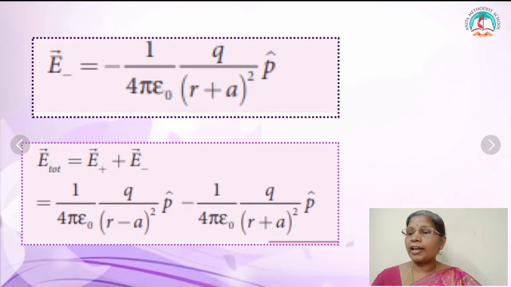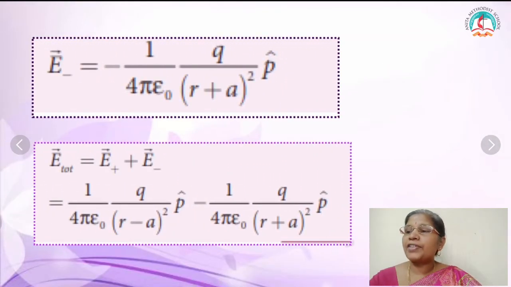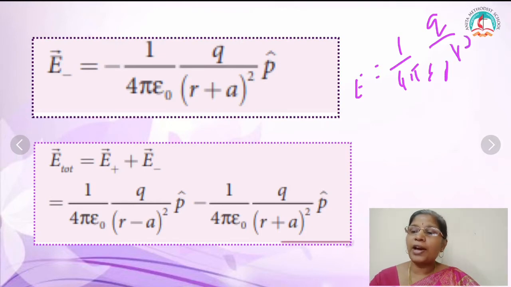The formula is E equal to 1 divided by 4 pi epsilon 0 times Q divided by r square. Now the distance r square is AC square, and AC is r plus a. So E minus is equal to 1 divided by 4 pi epsilon 0 times Q divided by (r plus a) the whole square. The minus sign is there because we are calculating due to the negative charge.